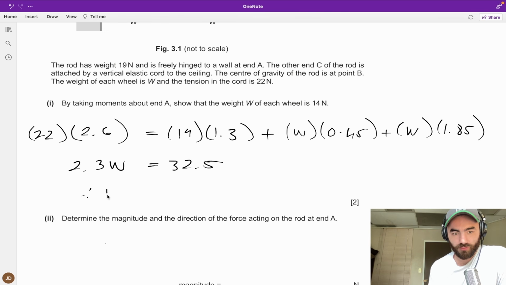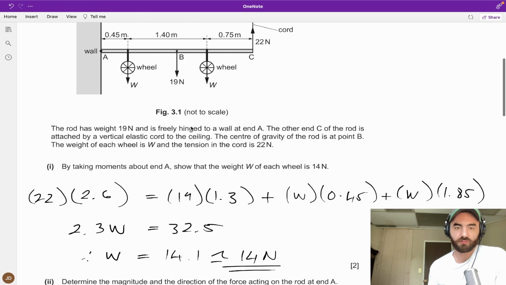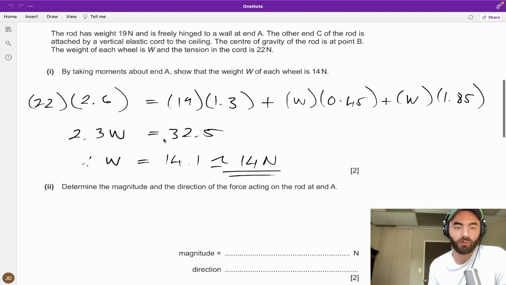So therefore W equals 32.5 divided by 2.3, so 14.1, which rounded to 2 significant figures is 14 newtons, which is what they wanted. Cool, so that's just calculating clockwise and anti-clockwise moments, setting them equal to each other because it's at equilibrium.